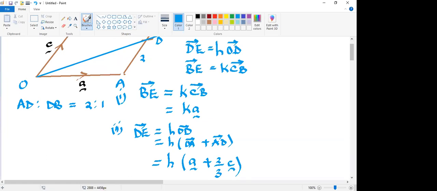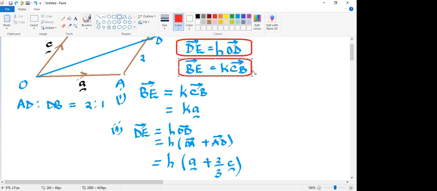The question is given such that you can find the value of BE in terms of CB, then DE in terms of OD. Martha, we were given DE and BE.